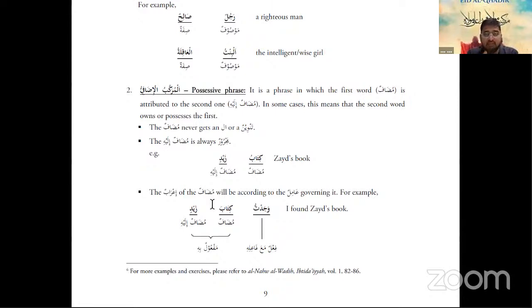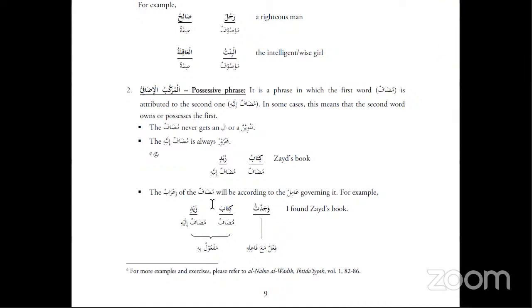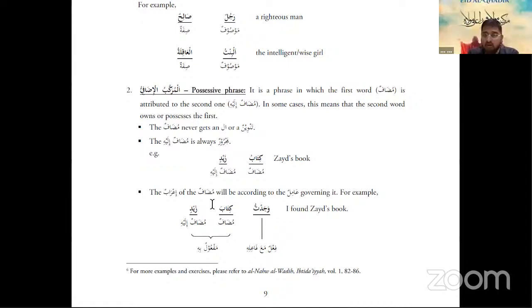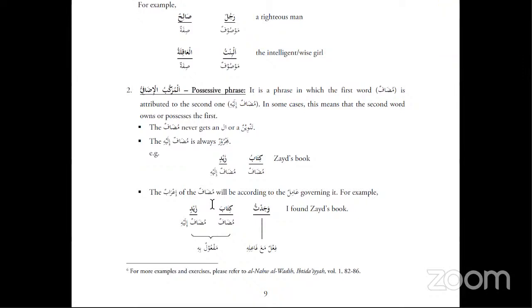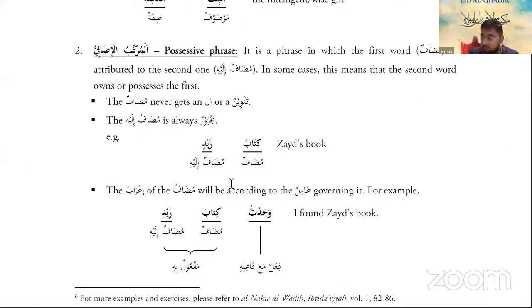So, for example, Zaid's book. Kitabun Zaidin? Would a mudaf get a tanween? It's kitabu Zaidin, not kitabun. Correct.